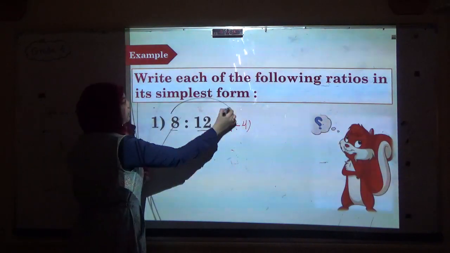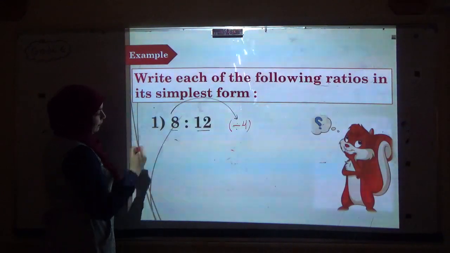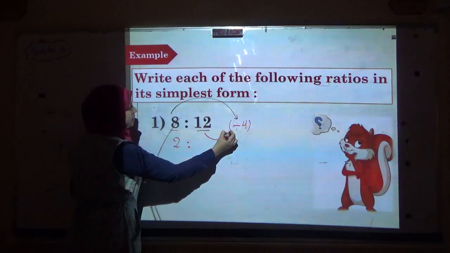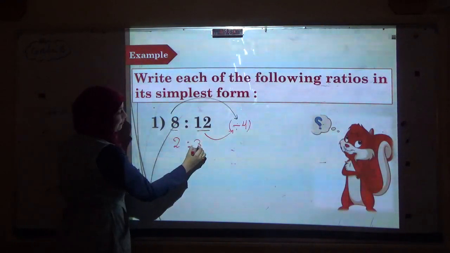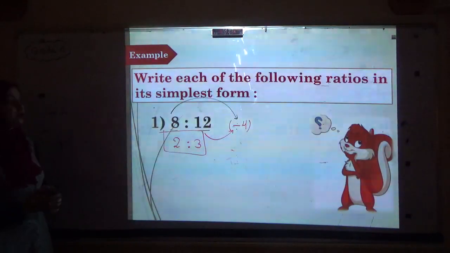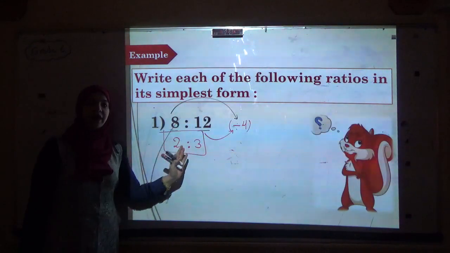Now 8 divided by 4 equals 2. 12 divided by 4 equals 3. 2 over 3 is the simplest form because there is no common factor between 2 and 3.